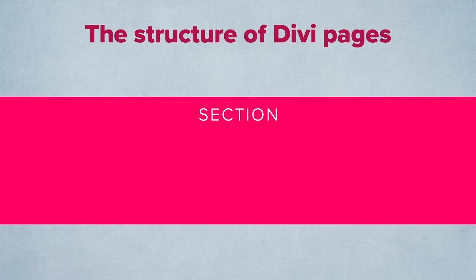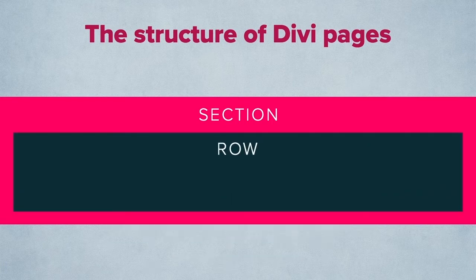Now just a quick word on the structure of Divi pages. Sections are the biggest building block in the Divi Builder. You can think of them as horizontal stacking blocks that can group your content into visually distinguishable areas. In Divi, everything you build starts with a section. Rows are the various column layouts that can be placed inside of sections.